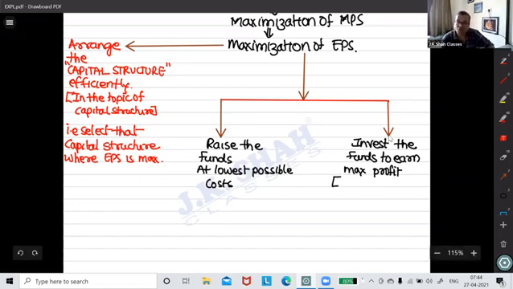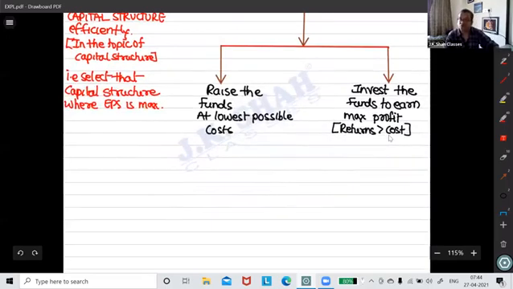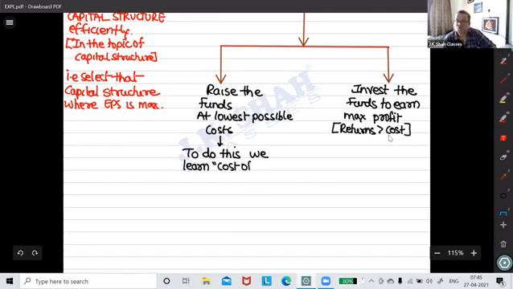What you have to ensure is returns greater than cost. Correct? So to raise the funds at lowest possible cost, what is required? To do this, we learn cost of capital. Correct, friends? Very important discussion this is.